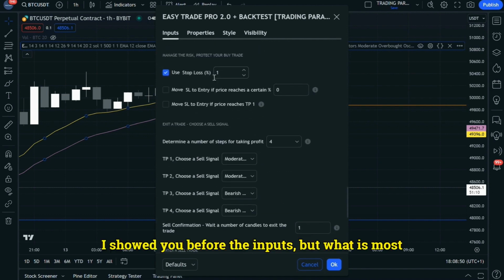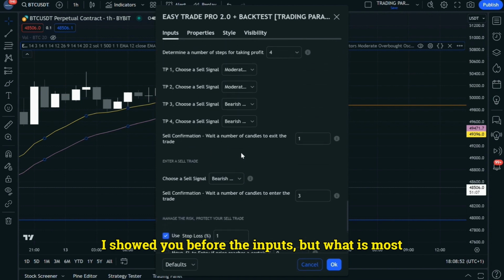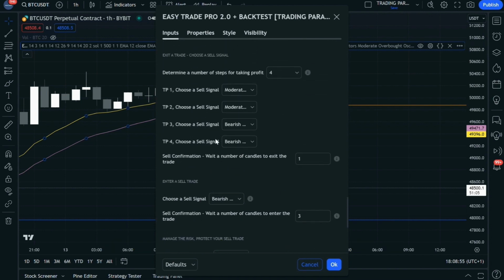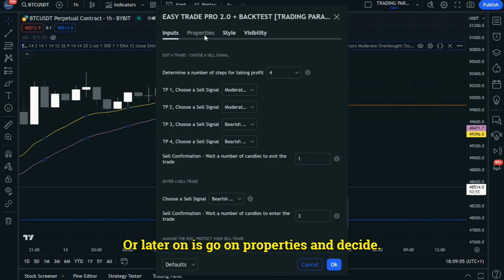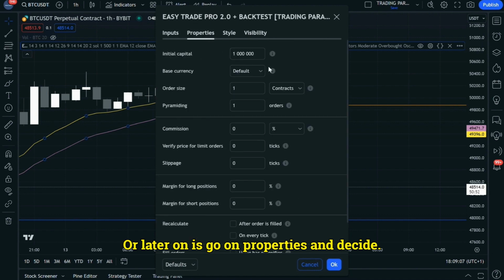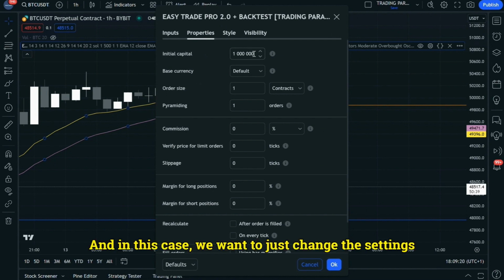I showed you the inputs before, but what is most important is that you can choose to do it before or later on: go to properties and decide how to simulate this backtest. This is what you're going to find by default, and in this case we're just going to change the settings.